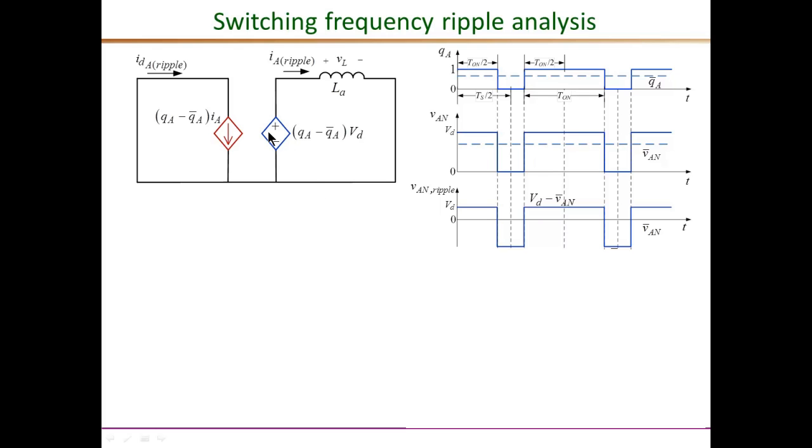This is again the high frequency part of our model, and if you look at the secondary voltage, it is actually the same as the inductor voltage VL. It has two components.